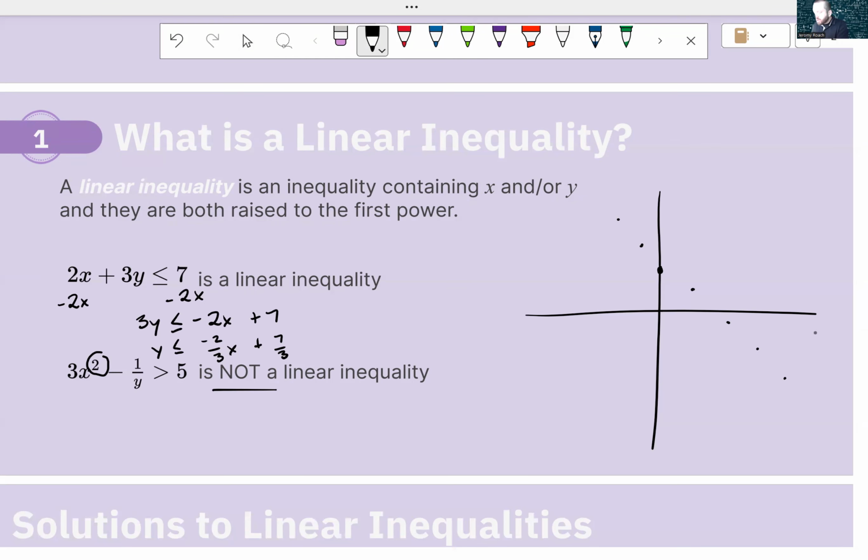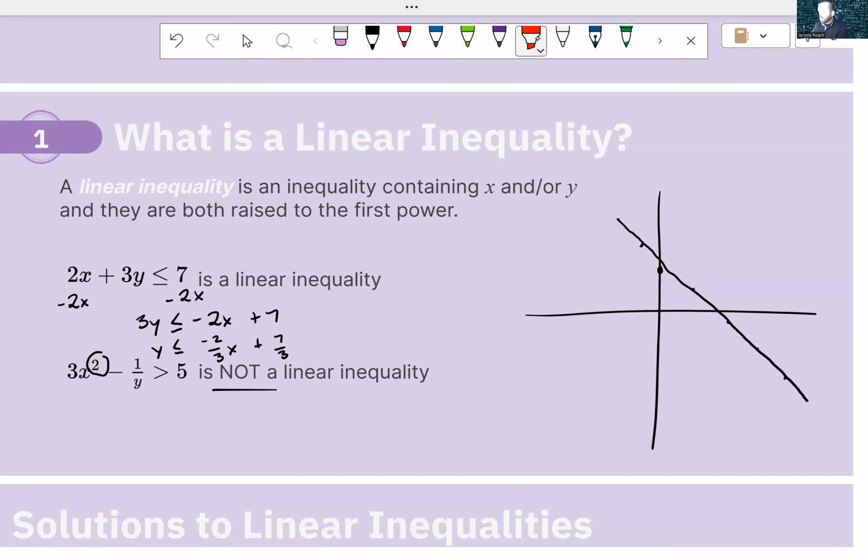That's our slope. And y is less than or equal to this function. Because it can be equal to the function, that's our line. That would be like if y equaled negative 2/3 x plus 7/3. So y can equal that. So that's part of our answer.